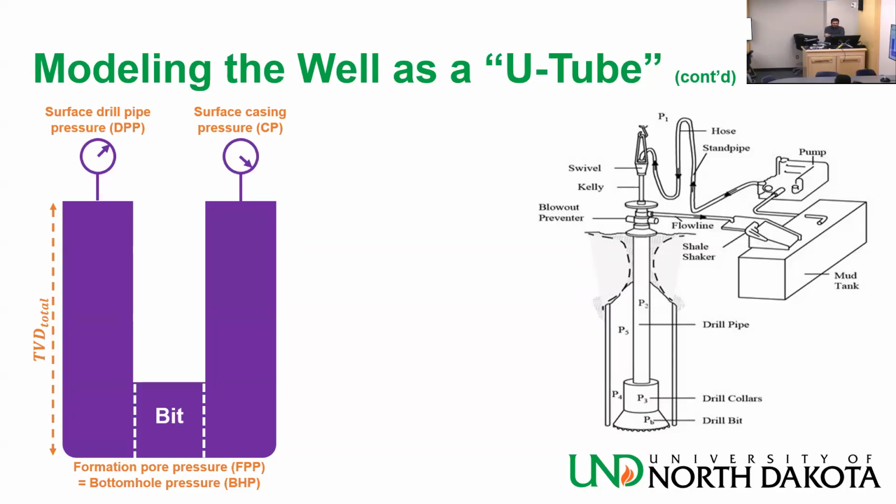Sorry, in a different picture, basically, when we are doing an overview of the circulation system. And it's exactly what I described before. These are the mud tanks. They suck mud into the pump, which gives it pressure. Then it goes through the standpipe. This is where you take the measurement.